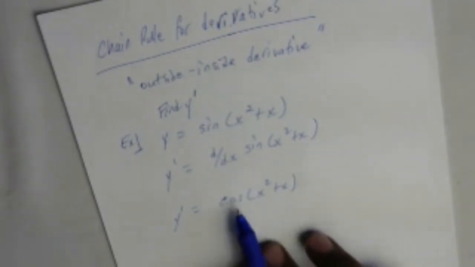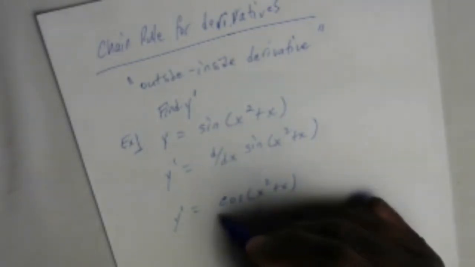You basically take the derivative of the outermost function. So this is the outside derivative times the inside derivative.